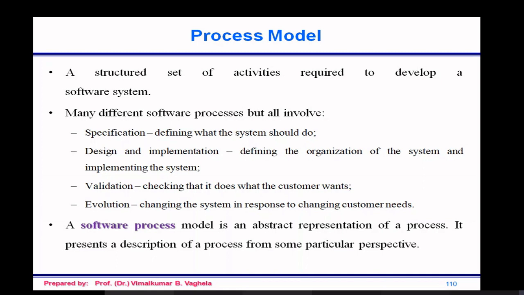Structured set of activities. Structure means what? Once this activity is completed, then the next activity. If it is completed, then next. So the activities are in a structured way. Main purpose is to develop a software system in a better way. There are so many different software processes, but all involve specification.